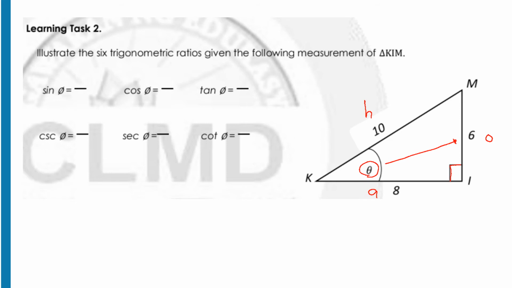Una is sine theta. Sabi natin kapag sine, that is opposite over the hypotenuse. If you look at our given, ano ba ang opposite value natin? So that is 6. Okay? So lagay natin 6. And then the hypotenuse is 10.